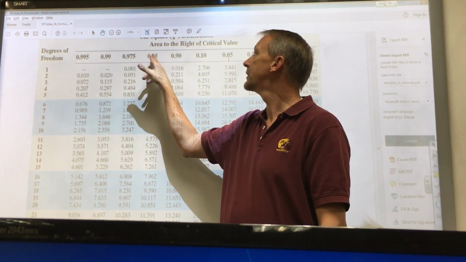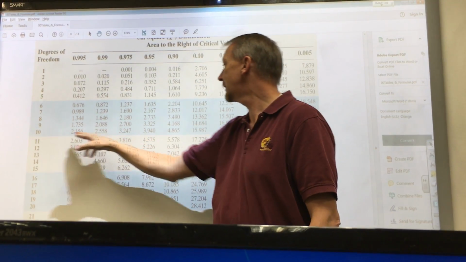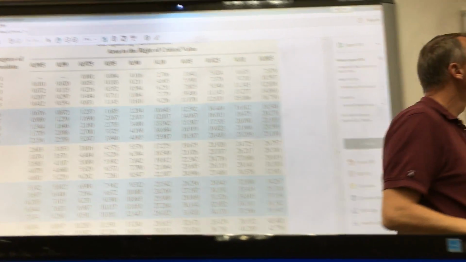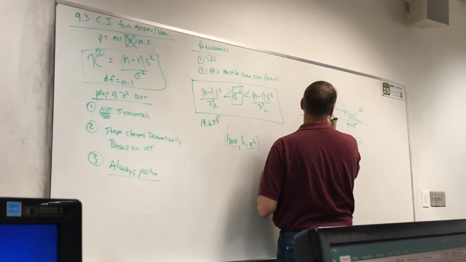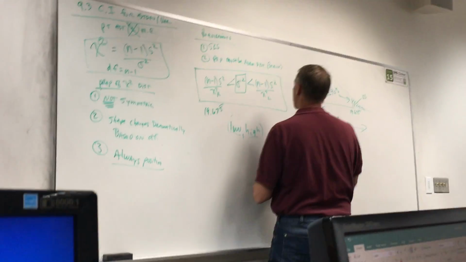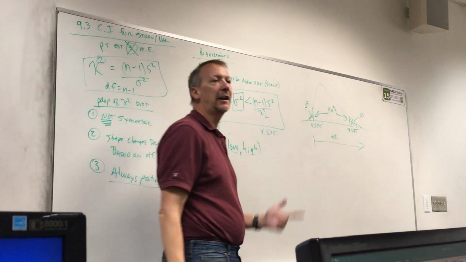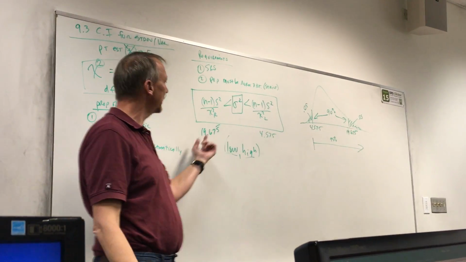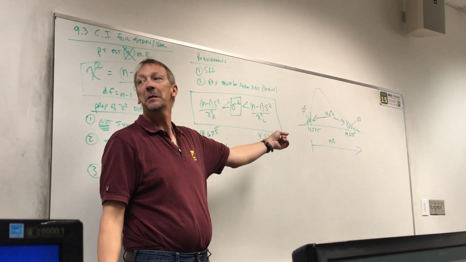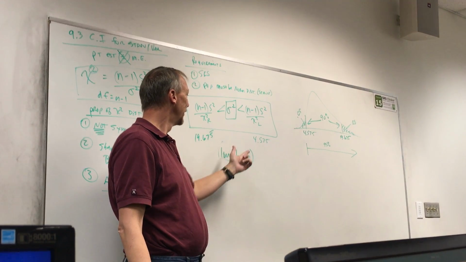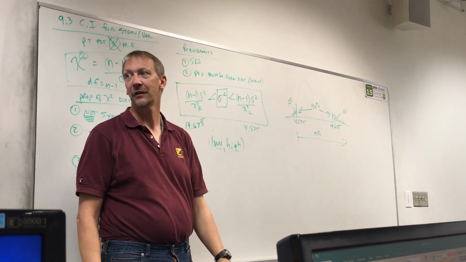The 0.95 column, 11 degrees of freedom, gives me 4.575. So this number here is 4.575, which means that number is also 4.575. Like I said, it doesn't really matter if you mix these up. I mix them up all the time, even did it in my first class today. Just remember low number, high number after that.